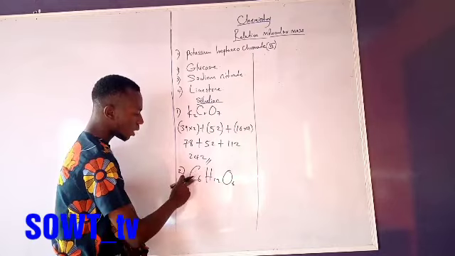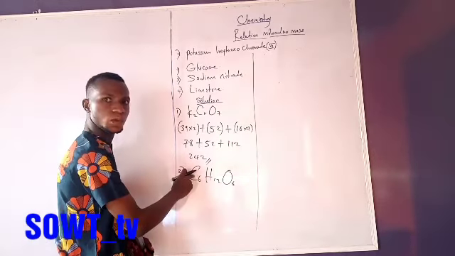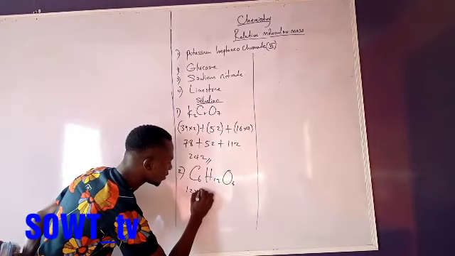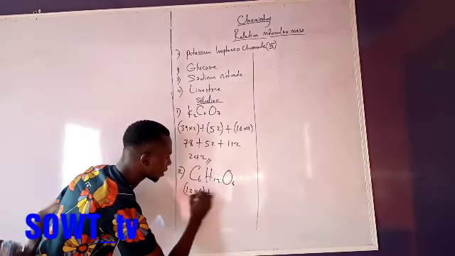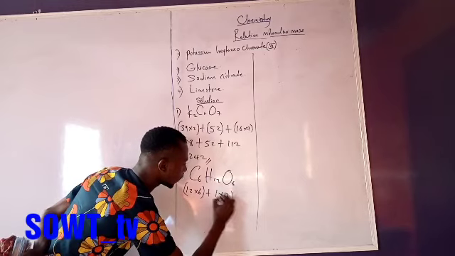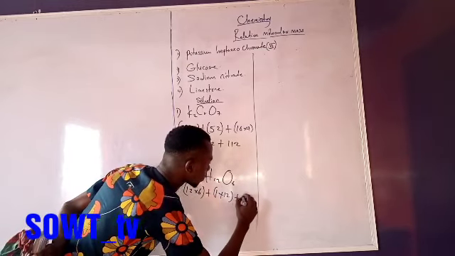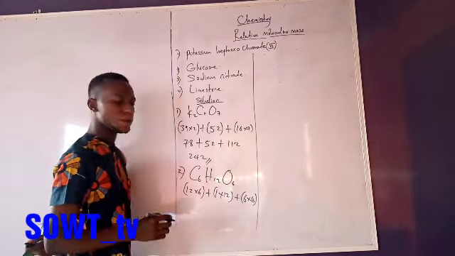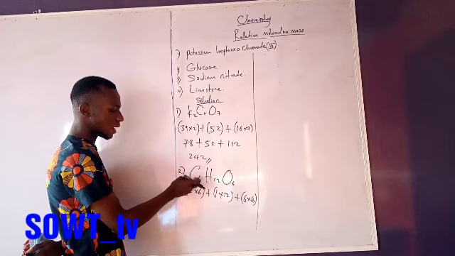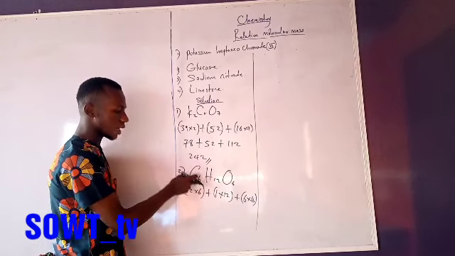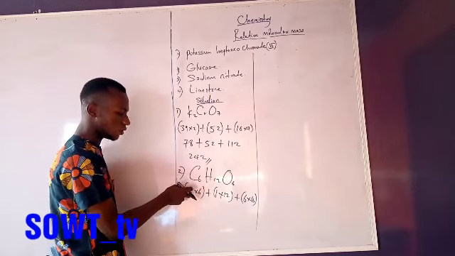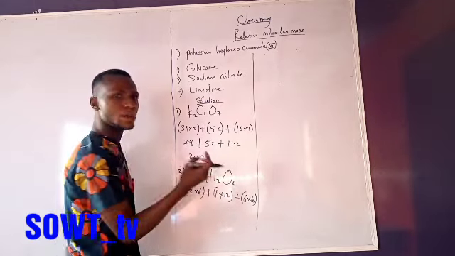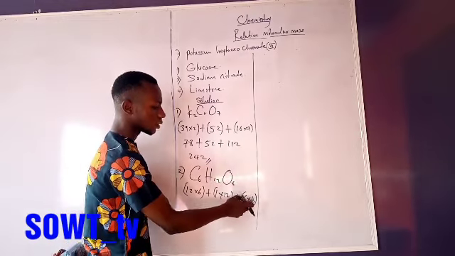The atomic mass of carbon is 12. Then 12 times 6, plus 1 times 12, plus 6 times 16. So I believe you get it right. You first multiply: 6 times the atomic mass of carbon, which is 12, plus the atomic mass of hydrogen, which is 1, times 12, plus the atomic mass of oxygen, which is 16, times 6.